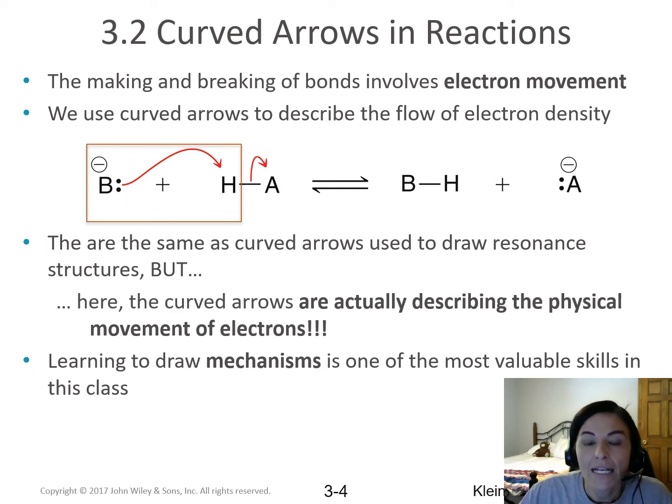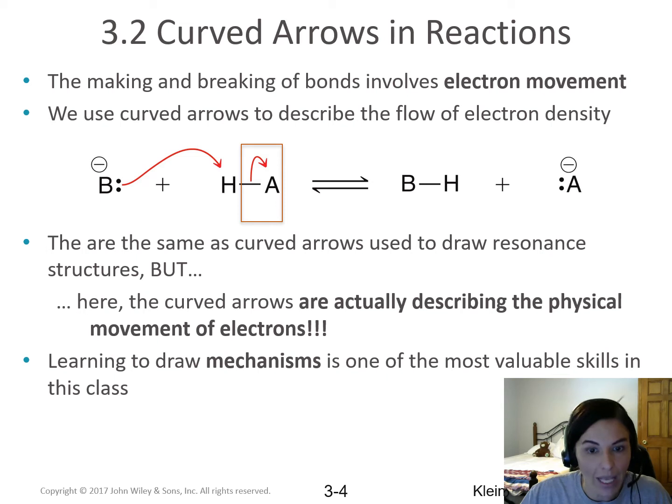Now, the electrons that made the bond between the hydrogen atom and the atom it was bonded to stay with the other atom. So those electrons that were part of that bond stay with the other atom. We use our curved arrows to show where those electrons are going.